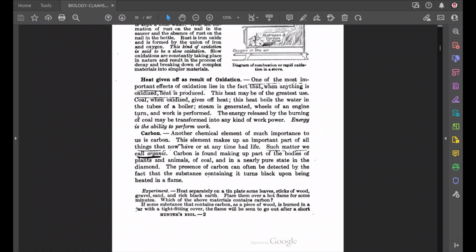And if you want to hear something interesting that our textbook teaches us, if you want to look in the natural world and find pure carbon, where is it found? It's found in a diamond. A diamond is basically pure carbon. What do you know about diamonds?